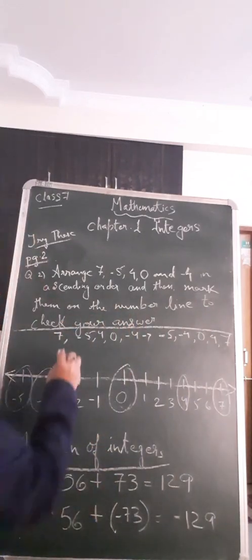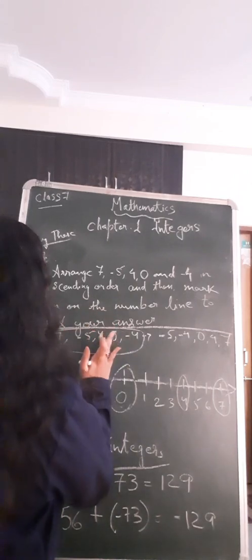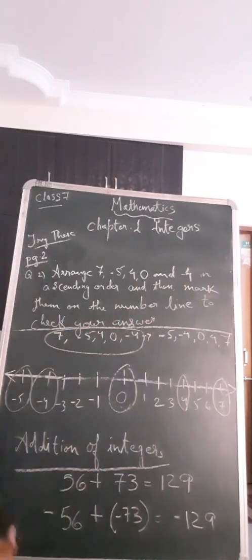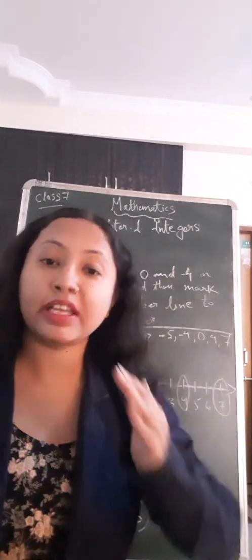So children, first we have written all the numbers. What were the numbers? 7, minus 5, 4, 0 and minus 4. Isn't it? So we will have to arrange it in ascending, increasing order.